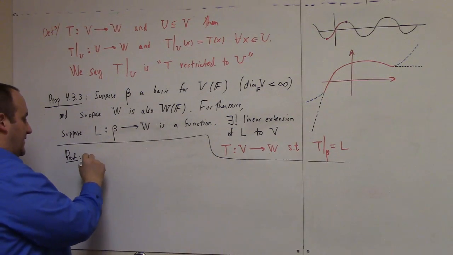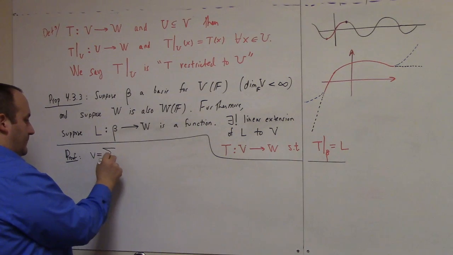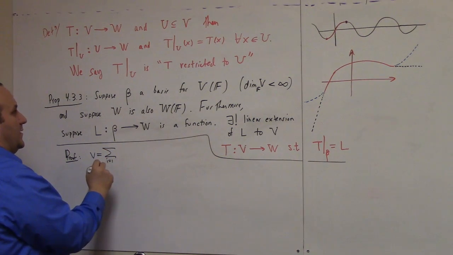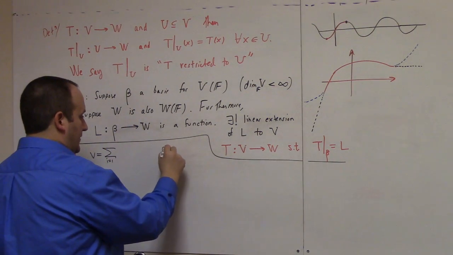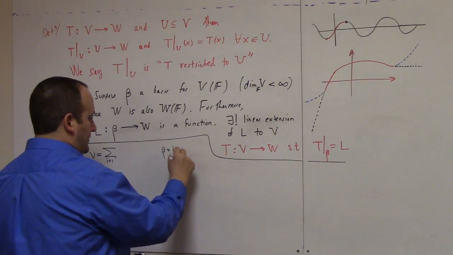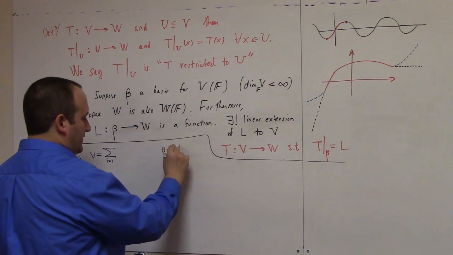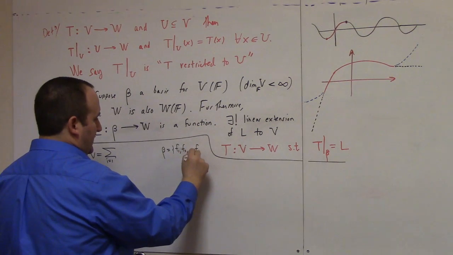Let's see, we need to say v equals the sum over i equals 1. Oh, I need to give some details here. The basis beta is, let's say, f1, f2, up to fn.